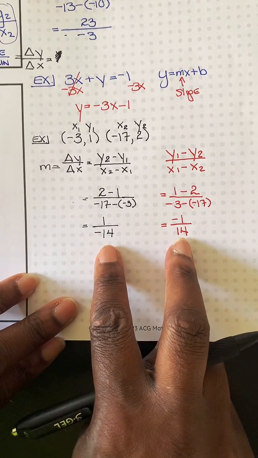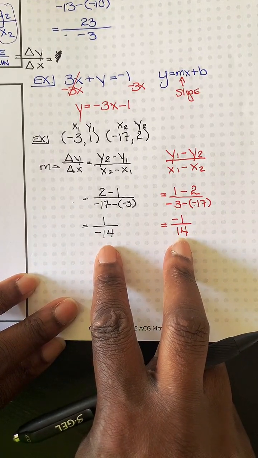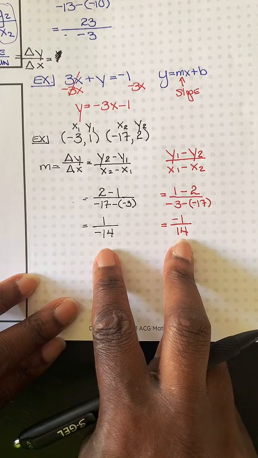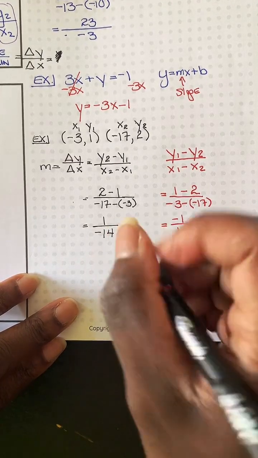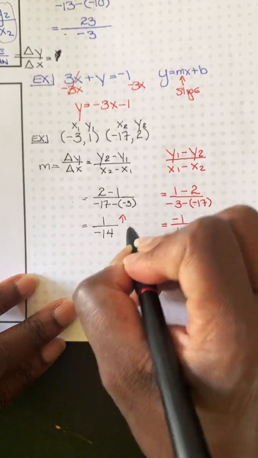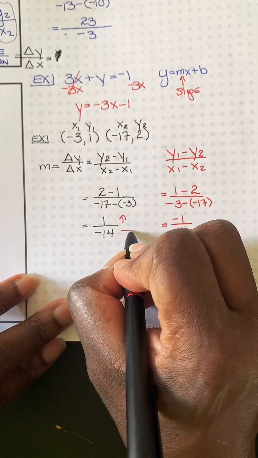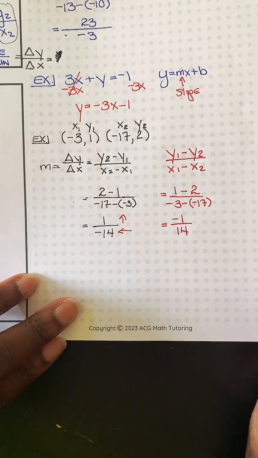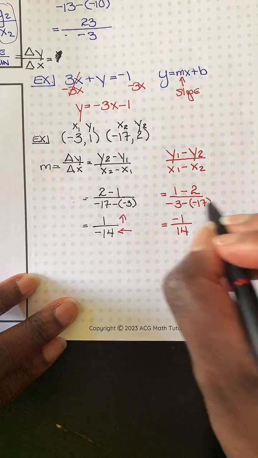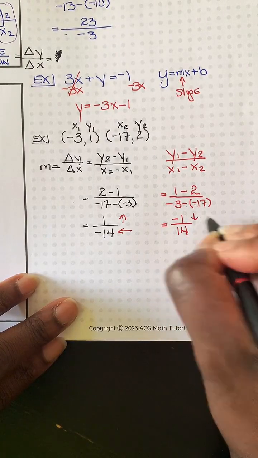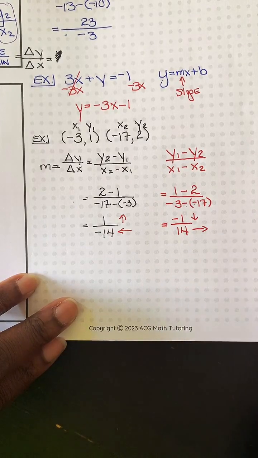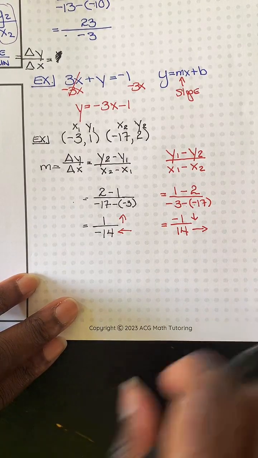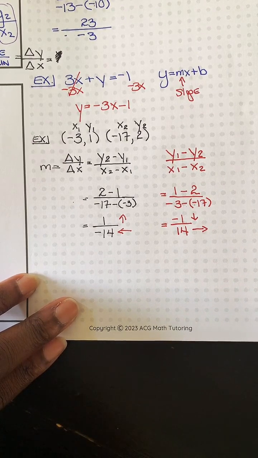These two are very similar. They're both negative. The only difference is that this one says my rise is going up and my run is going to the left, whereas this slope says my rise is going down while I'm shifting 14 to the right.